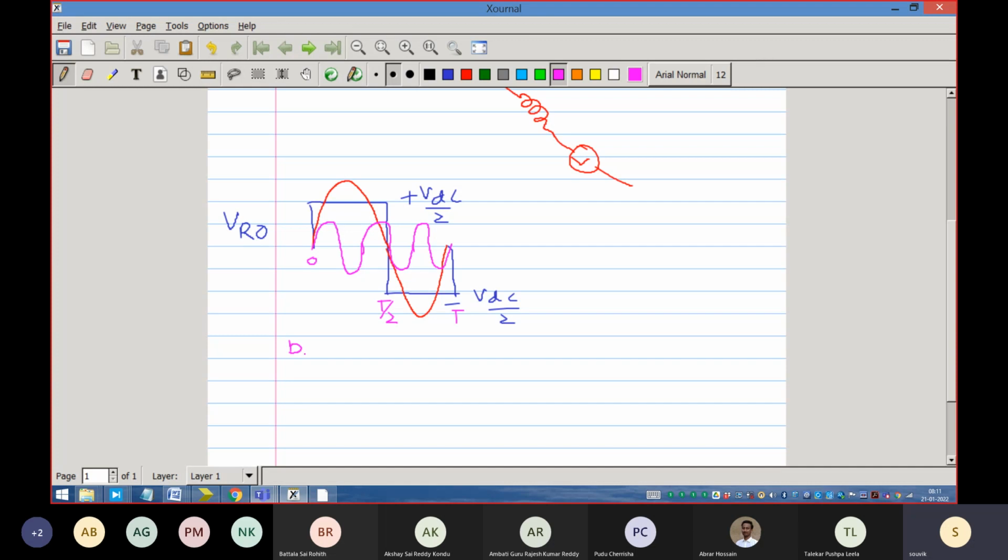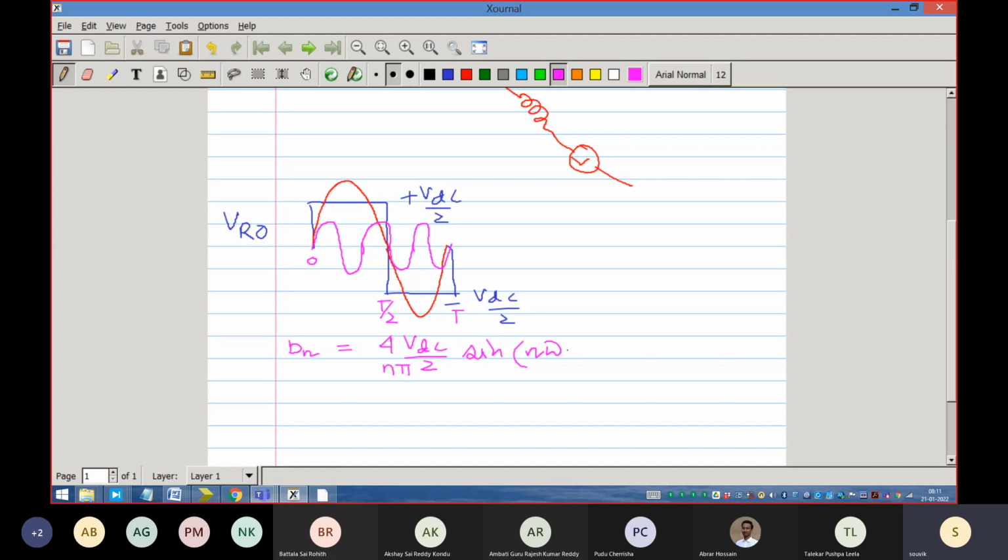So only Bn components are there. Bn will be 4 into VDC by 2 by n pi, that will be the formula, into sine n omega t.